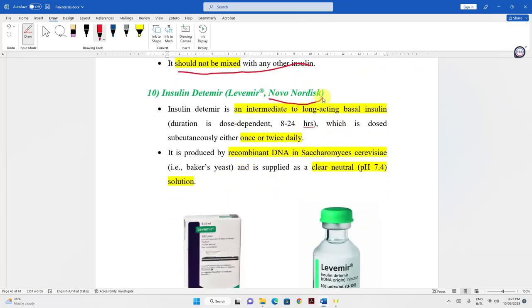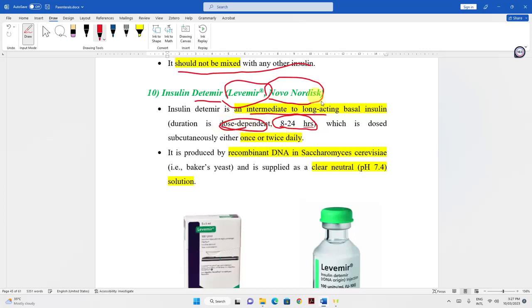Another product from Novo Nordisk, which uses which microorganism? Saccharomyces cerevisiae, which is baker's yeast. Now this product is referred to as insulin detemir, and the product's name is Levemir. This product is intermediate to long acting insulin, and the duration of action can range from 8 to 24 hours, depending on the dose.